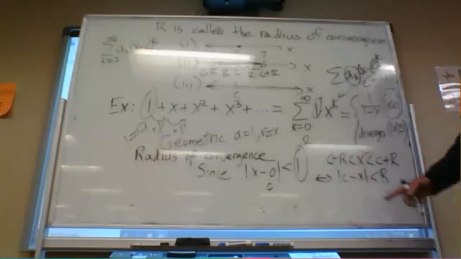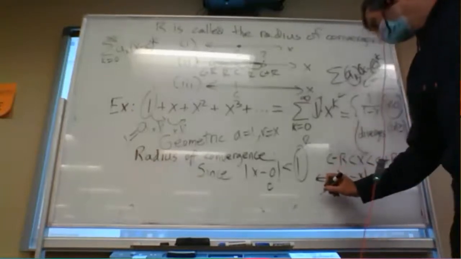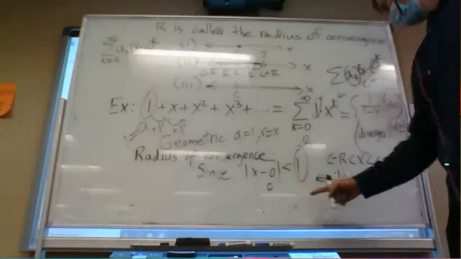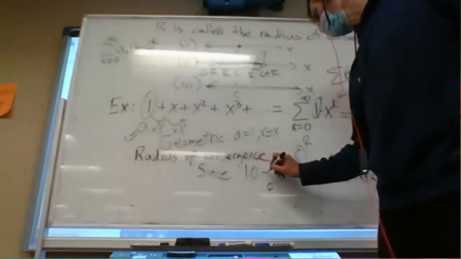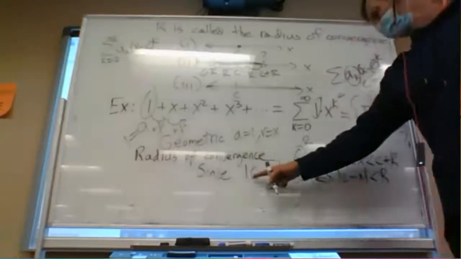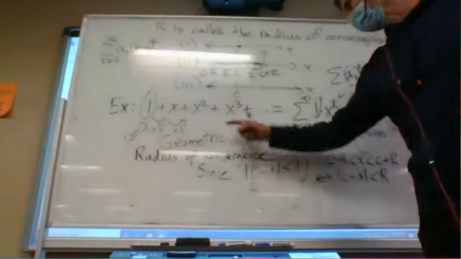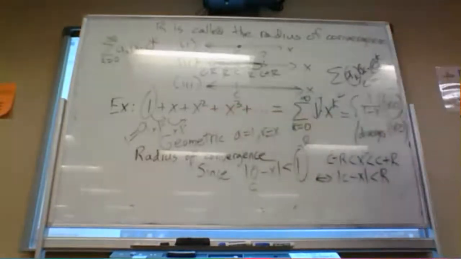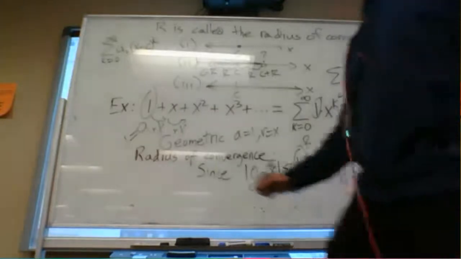So when you see this, rewrite it like this and say, oh, that just means, I wrote this backwards, let's write this as 0 minus x. It doesn't matter. So c minus x with c equals 0 for this series, because we made a series in powers of x minus 0, you deduce that the radius is 1.